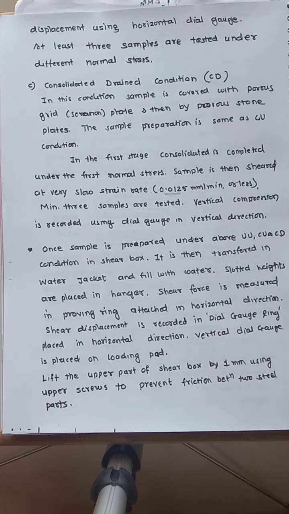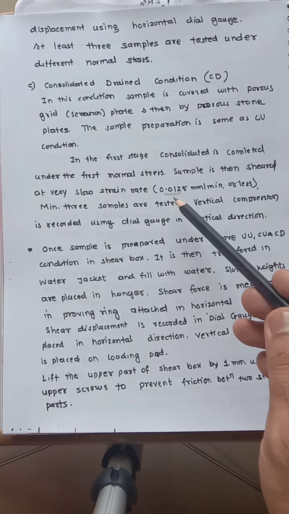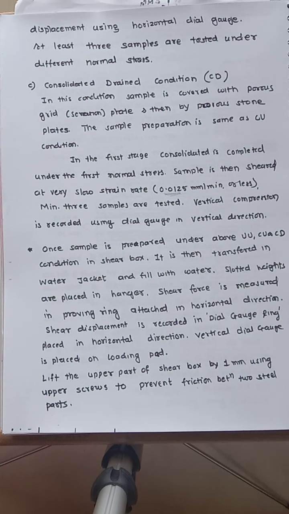The setup is the same. The only difference is that after consolidation the shear force is applied at a very small rate, 0.0125 mm per minute or less. Minimum 3 samples are tested, usually at double the normal stress. As the normal stress is doubled, the shear stress also increases.